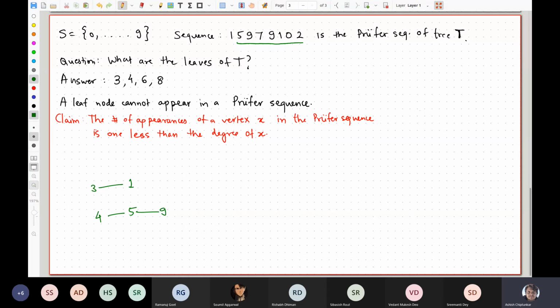So that is a leaf of the remaining tree, and its neighbor must be 5. That justifies these two edges. Now after I delete 3 and 4 from the tree, whatever tree remains has the prefer sequence 979102. What is the minimum numbered leaf in that tree? It must be 5, which means 5 is the neighbor of 9.